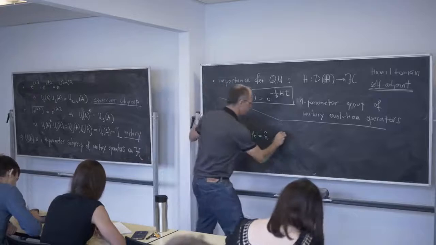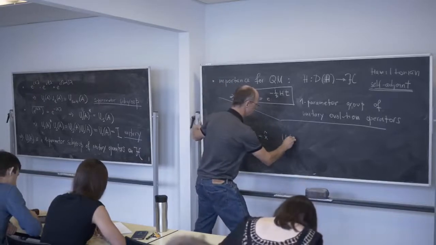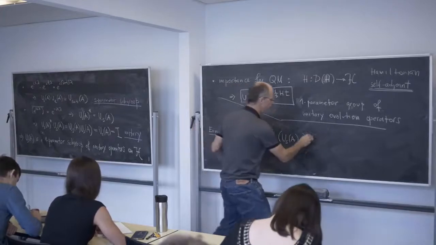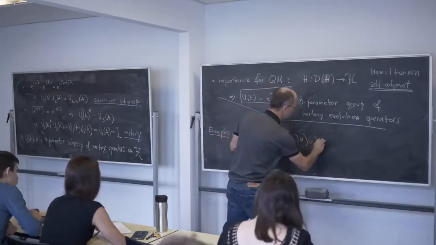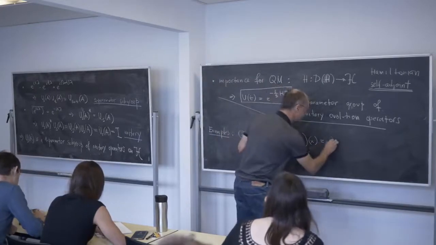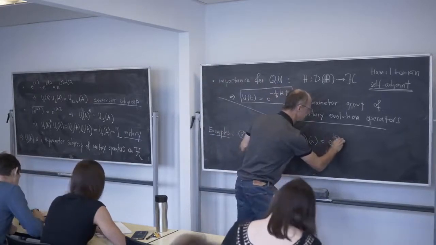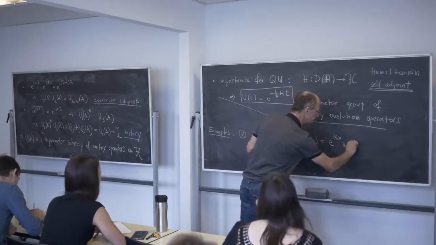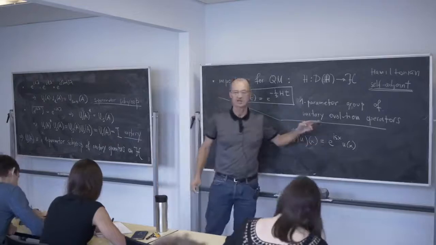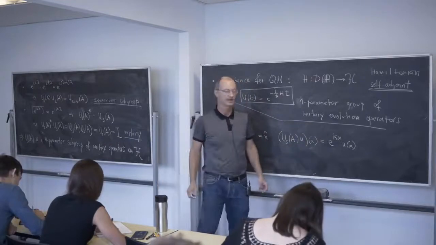Well, in this case, U_s of A acting on u, you can easily guess what it is, computed at the point x. You just multiply your function by this unitary factor. And that's what the definition will give you.